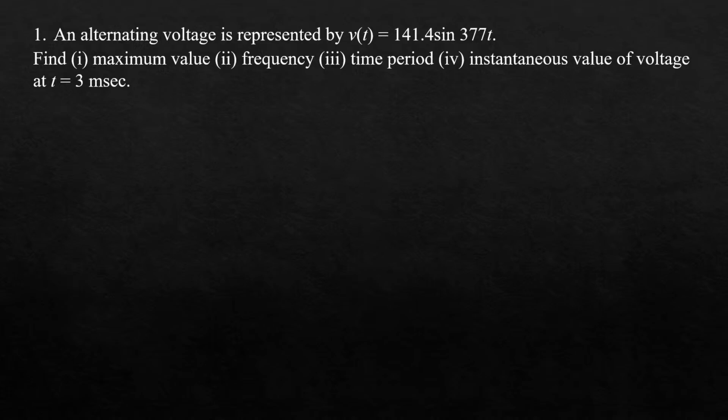3 milliseconds is 3 into 10 to the power minus 3 seconds. So this is 141.4 sine of 377 into 3 into 10 to the minus 3. Let's put this in the calculator and see what the answer is. 141.4 into sine of 377 into 3 into 10 to the minus 3.